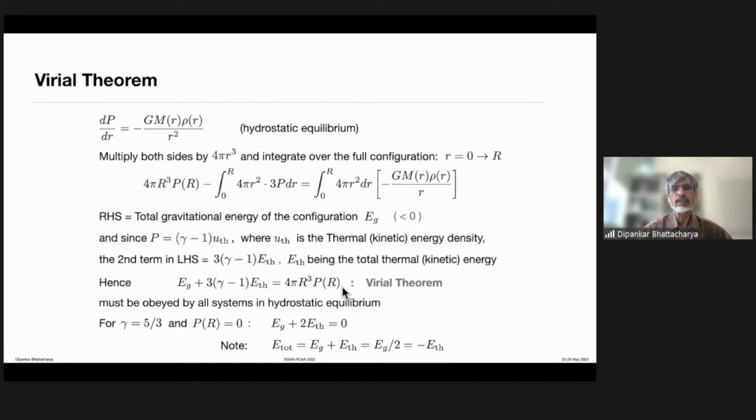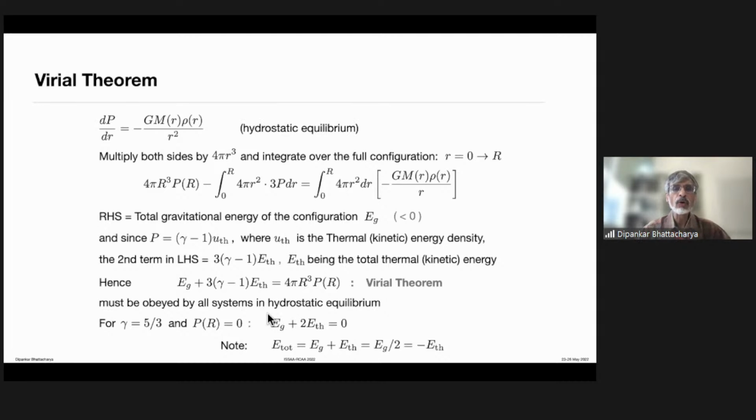Now let's take the case where the radius capital R is truly the surface of the full configuration, which means the pressure goes to 0 there. So if the pressure goes to 0 at the surface, which we define as the surface, then the right hand side goes to 0.